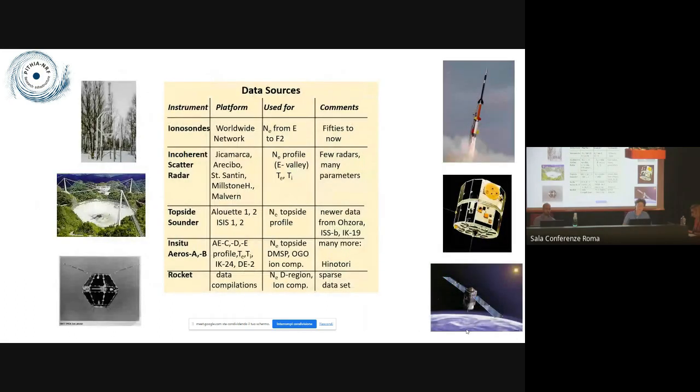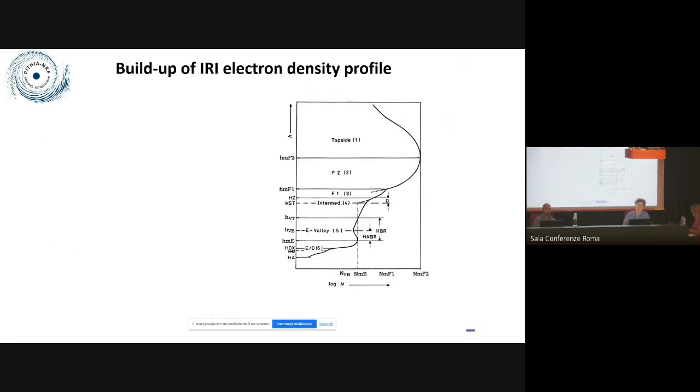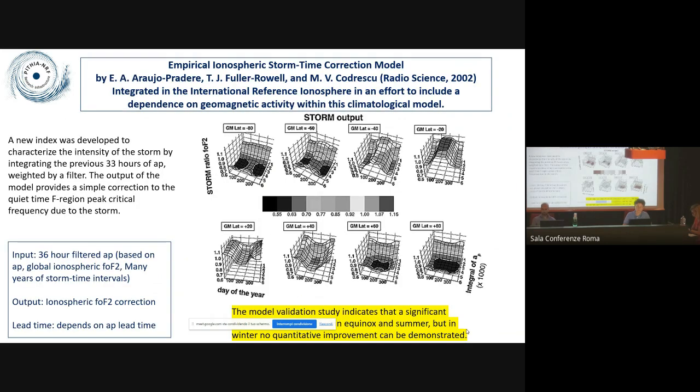The IRI relies on a huge database with data from different sources, from ionosondes, from incoherent scatter radar, topside sounders, in situ measurements, rockets, and so this is why it is really a reference model. It is very important to say that the IRI provides the electron density profile.